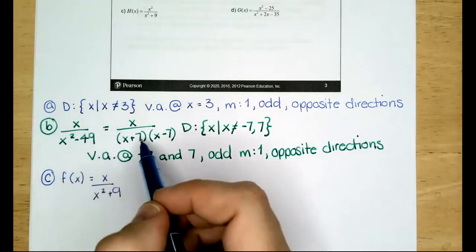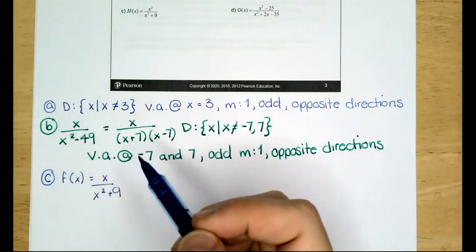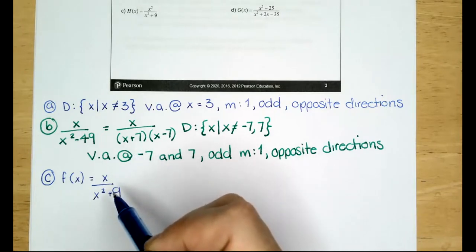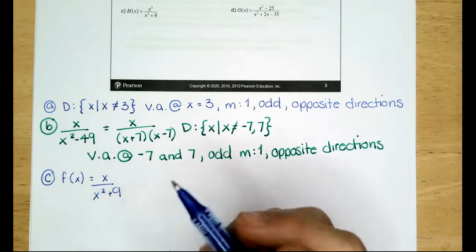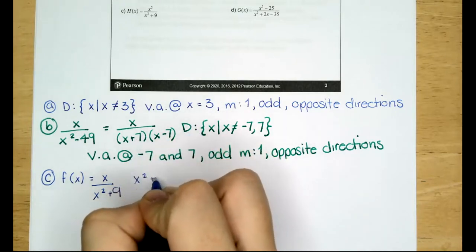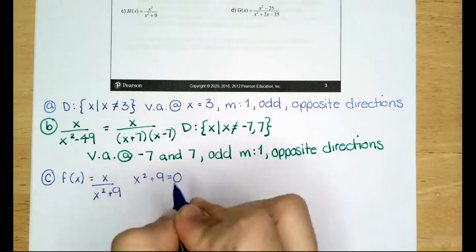When it has a minus, it's the difference of two squares, but when it has a plus, it cannot be the difference of two squares. So we try to solve it for x, right? We set it equal to 0. x squared plus 9 equals 0.